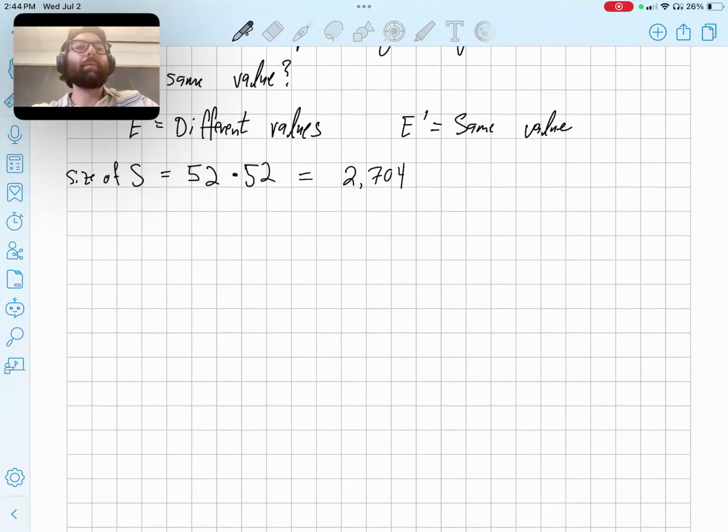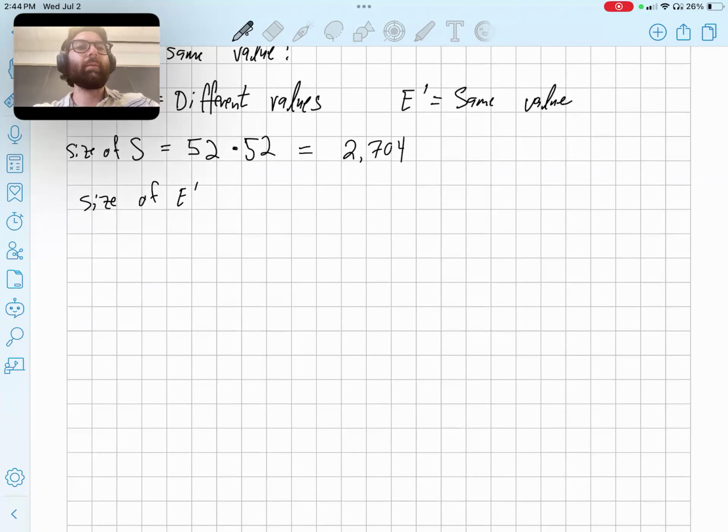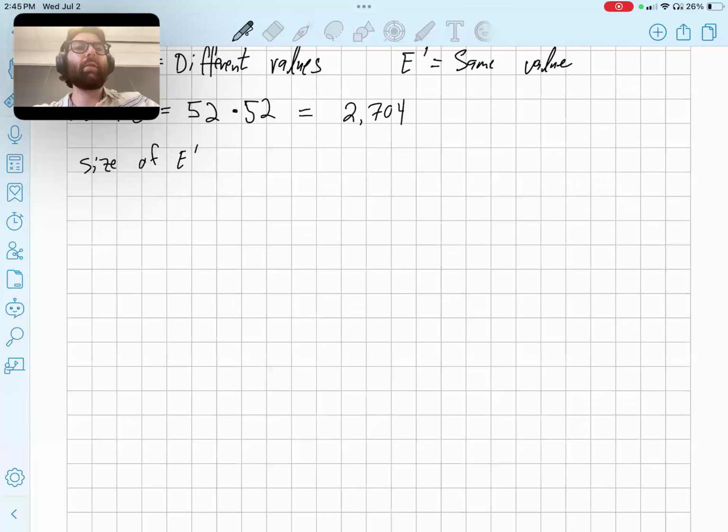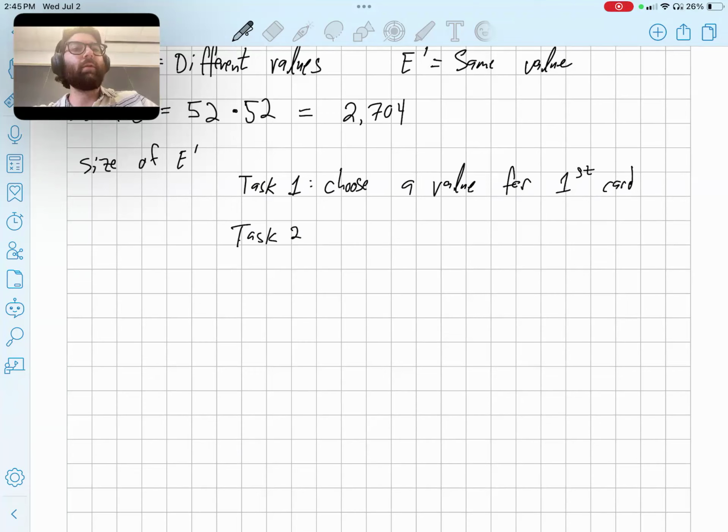Now let's find the size of E prime. How many ways can we pick two cards and have them have the same value? So task 1, choose a value for the first card. Task 2, choose a value for the second card.